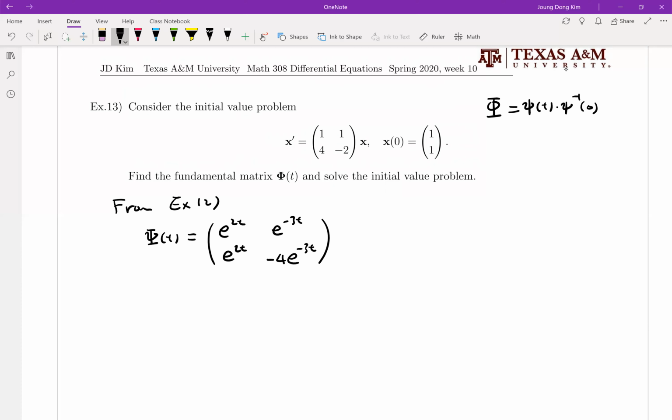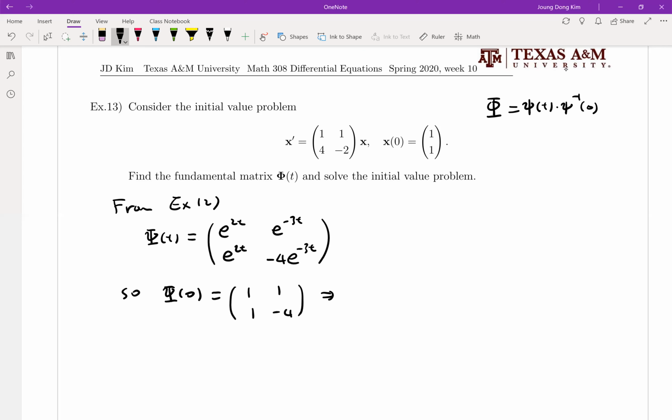We need psi zero, and we're going to find the inverse. It is 1, 1, 1, negative 4.